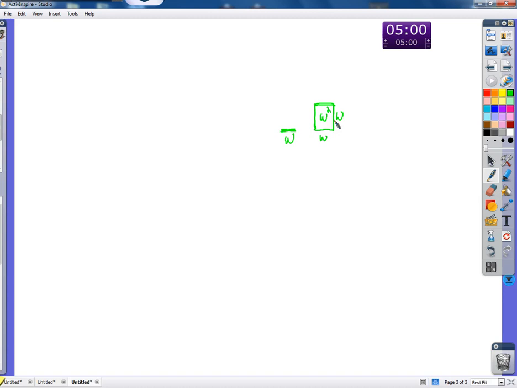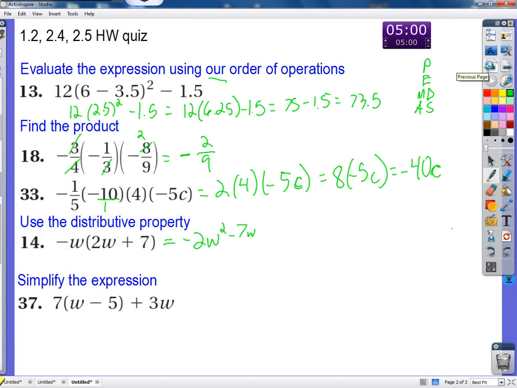It isn't comparable to what W is if I'm trying to add them together. Now there is a way I could multiply these together. I could take this length W, and multiply by this length W, and now we get W times W times W. That's W cubed. That's all W cubed would mean. But to do W plus W squared, they just don't link up. There's no way to connect them with addition. So leave them alone. Need the same variable, same exponent on the variable.